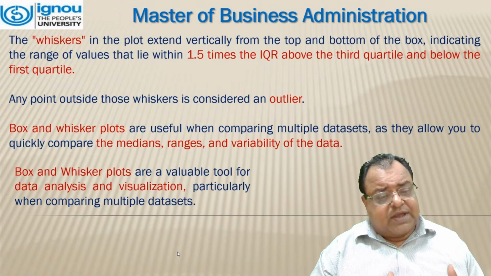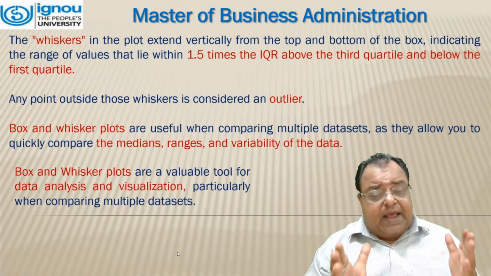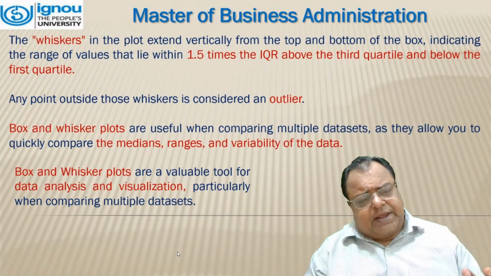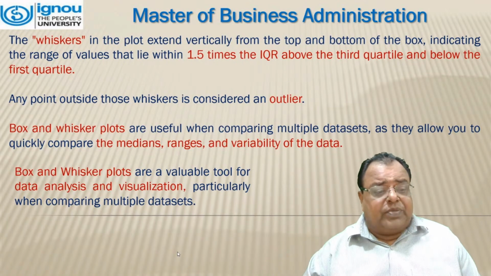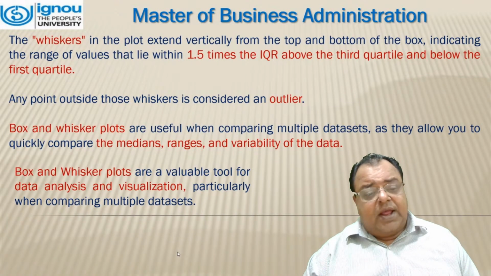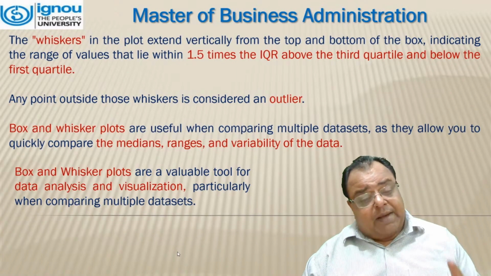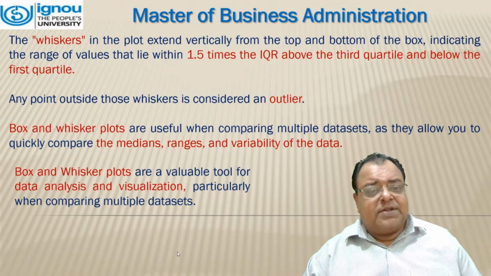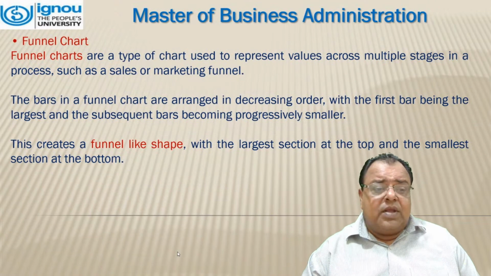Box and whisker plots are useful for comparing multiple data sets as they allow you to quickly compare the medians, range, and variability of the data. Box and whisker plots are a valuable tool for data analysis and visualization, particularly when comparing multiple data sets. Then comes your funnel chart.